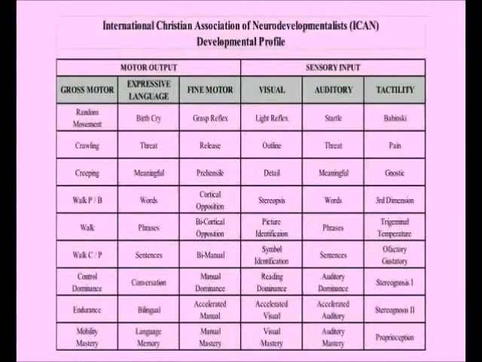Visual, the light reflex. Our pupils contract to protect when there's a lot of light, and they expand when it's dark. They need more light. And then the startle reflex under auditory. The baby startles at any sound.